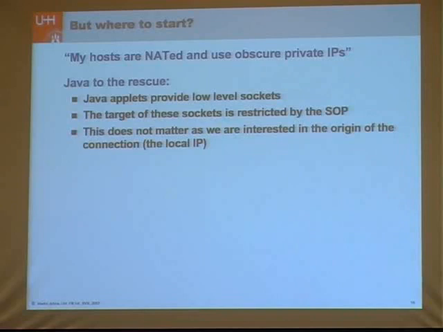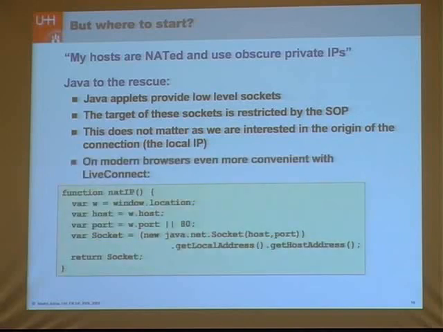There's Java, and if your browsers allow your users to use Java, then you have a small problem, because Java has sockets. JavaScript doesn't have sockets and doesn't know about IPs, but Java does, because Java has a slightly different same origin policy. And the socket object is not only settable, it's also readable, while the communication is still restricted to direct communication with the attacker's origin.